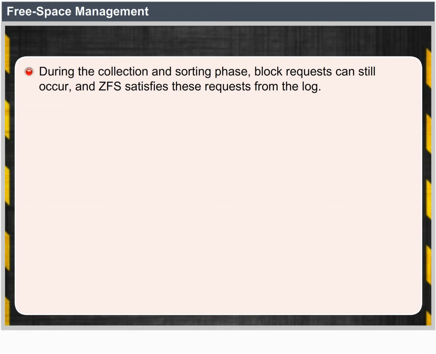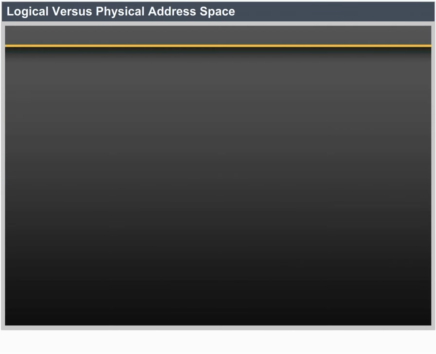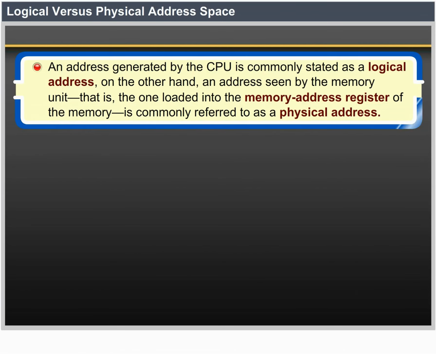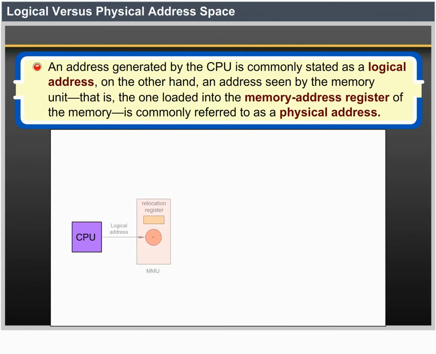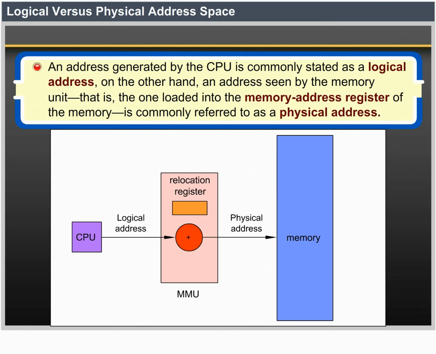Logical versus physical address space. An address generated by the CPU is commonly referred to as a logical address, whereas an address seen by the memory unit, that is, the one loaded into the memory address register of the memory, is commonly referred to as a physical address.